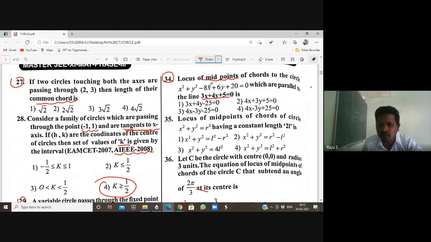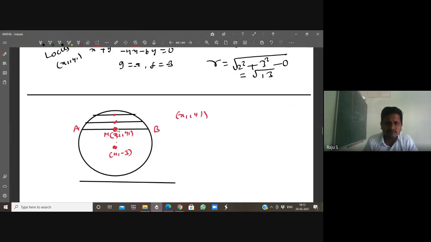And what is the slope of this value? Actually this line is not like this. The locus of midpoints means if we join all the points, all the midpoints, we'll get a line which is parallel to this line.